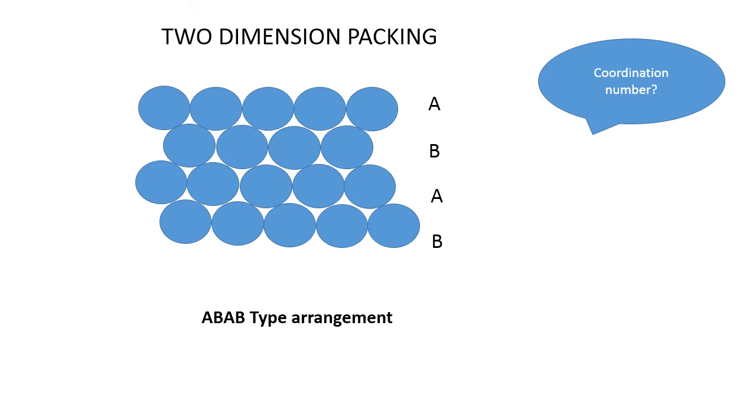Now the question is, what would be the coordination number? It has a similar meaning to what we had done during the 1 and the 2 dimension packing. We select a sphere and then we join the centers of the spheres which are in contact with the colored sphere.